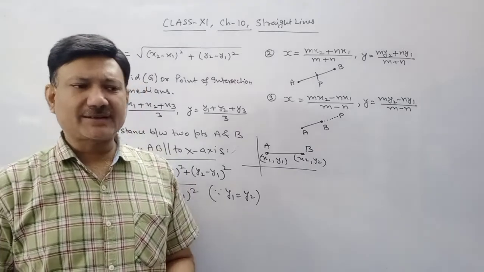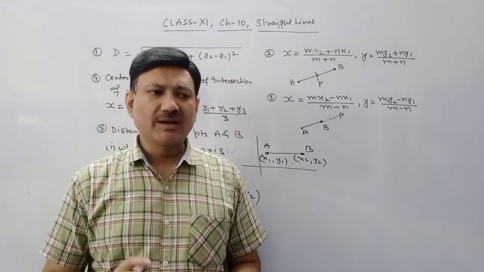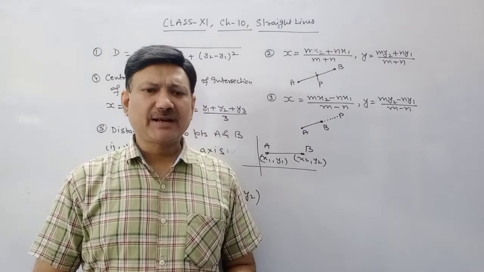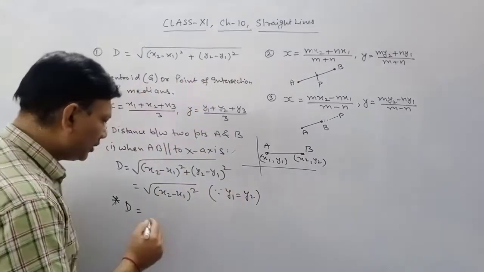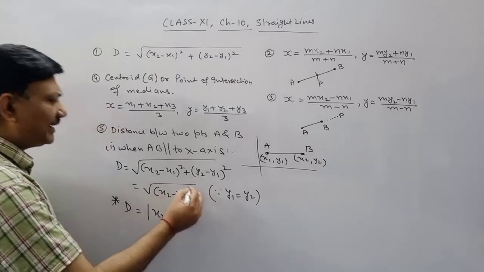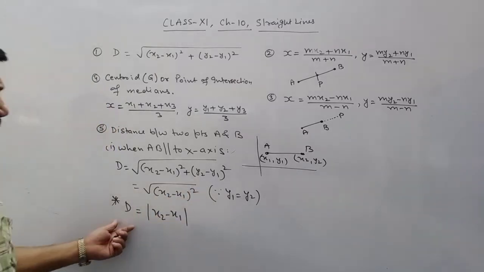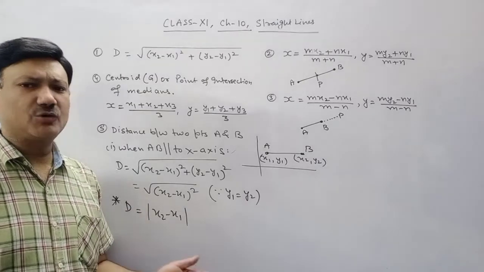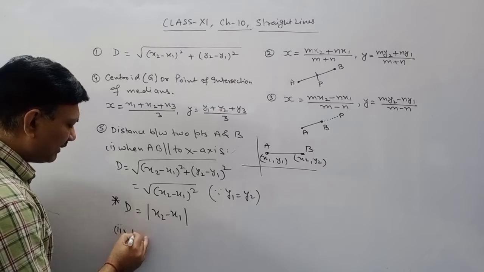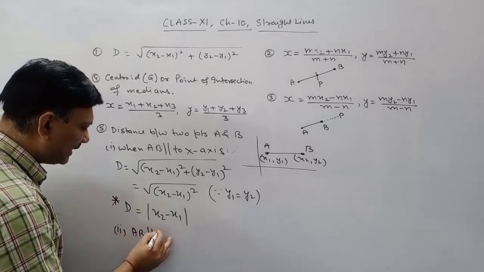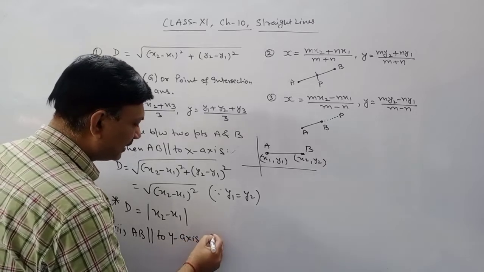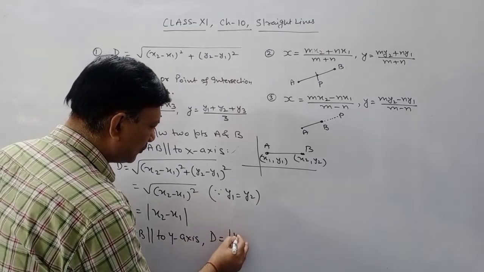But if x1 is greater than x2, then it will become negative. So put a sign of the modulus. This is the most important point. D is modulus of x2 minus x1, and the second part is when AB is parallel to y-axis, then the distance is modulus of y2 minus y1.